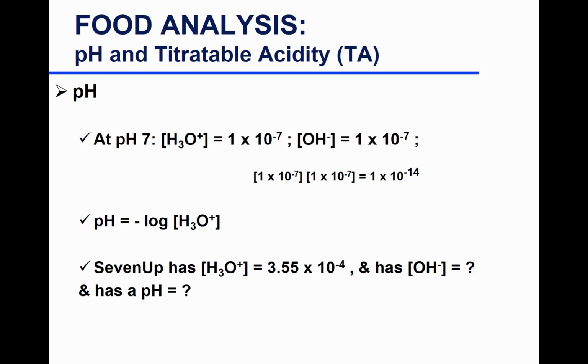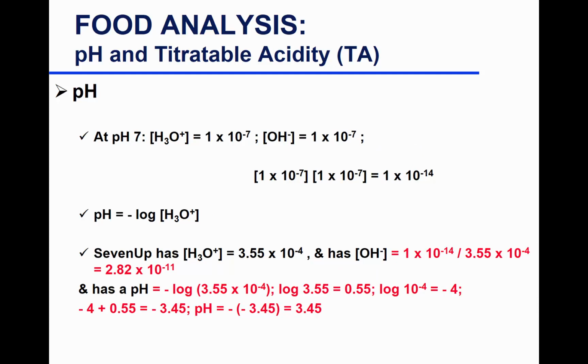Okay, next, the pH. Mallory, you have it already? Is it 2.2? No. What is it, Billy? 3.45? Yes. How did you do it? Okay, here it is. You can take 1 or 1.04, then you divide it by that, you get the concentration of the hydroxide. Now for the pH, you can take the log separately.